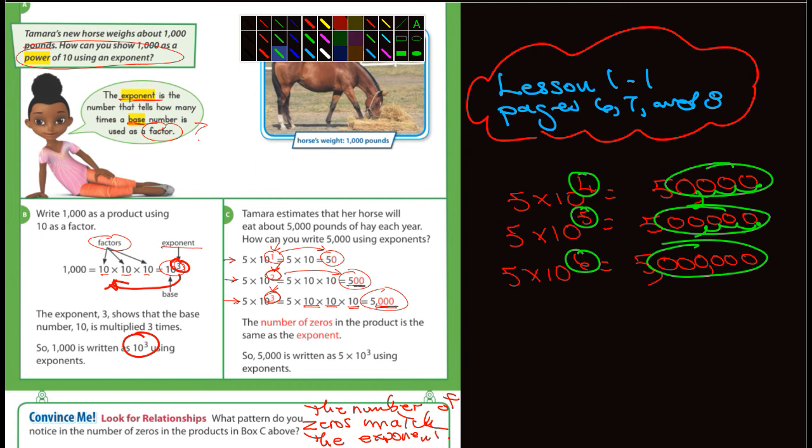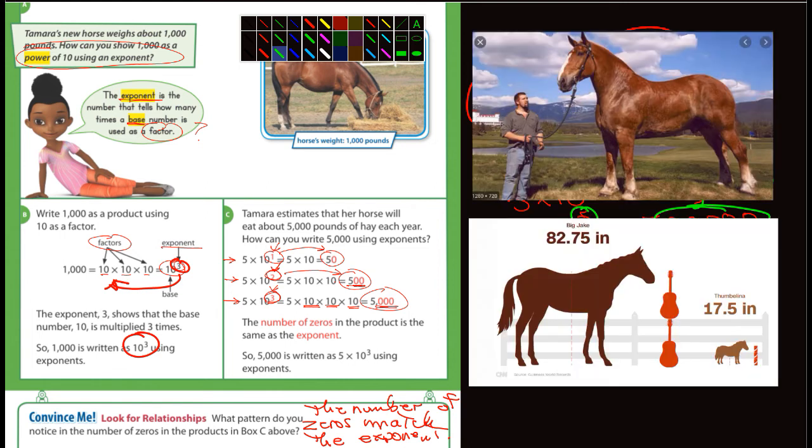All right. So I was thinking about horses. I've ridden horses a couple times in my life. I generally don't like riding things that are larger than I am. But I was kind of curious about horses here. And so this top horse, I think he's called Zeus, and he's 17 hands high. And they measure horses by the number of hands, how tall they are. And I'm not sure how many inches are in a hand. Those of you that are horse people would probably know. Maybe you could ask your parents, or maybe you know, I don't know.